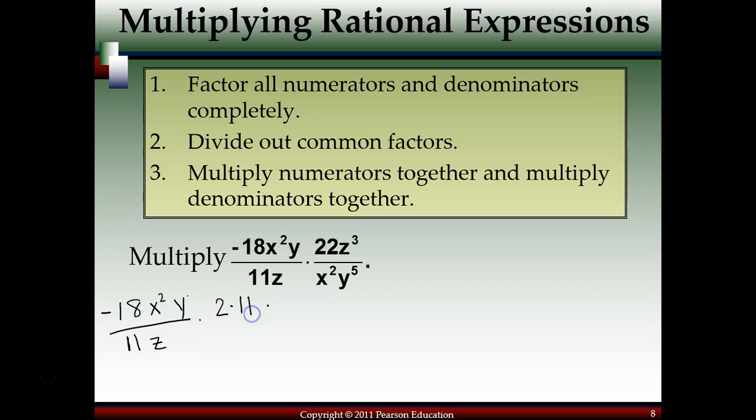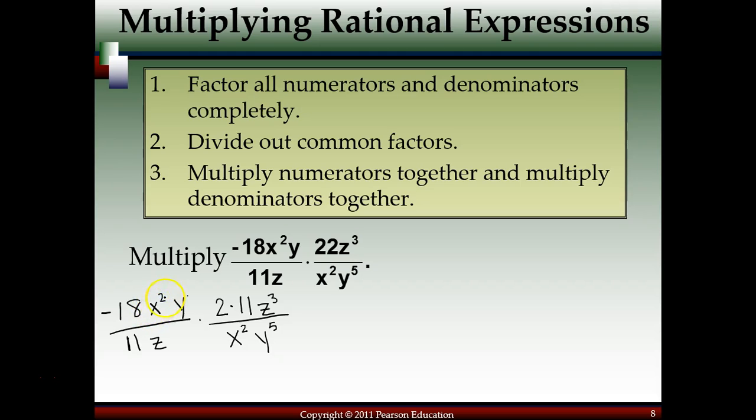So I'm going to go ahead and factor that out. And then we can start canceling things once I'm done. Now there are no factors of 18 in common with any of the numbers in the denominator of that expression.